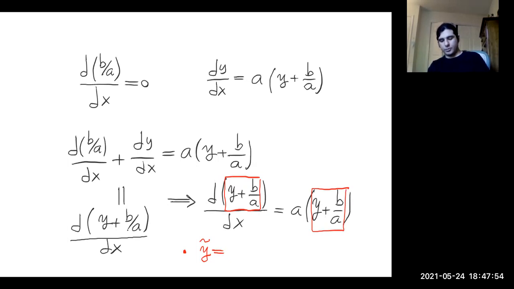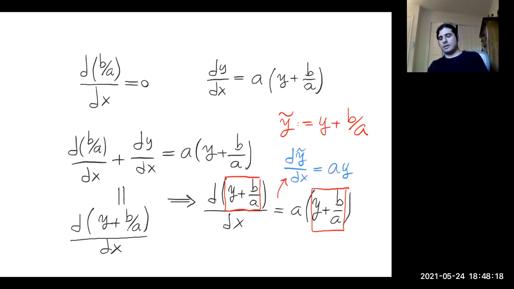Maybe I should write it up there. If I define the new variable y tilde to be y plus b over a, this equation would translate to another equation, which is d of y tilde over dx is equal to a y tilde.